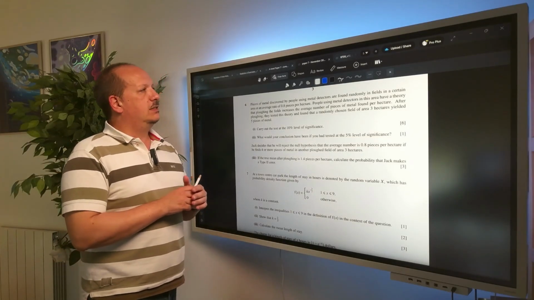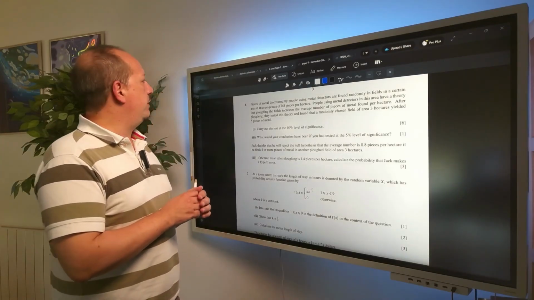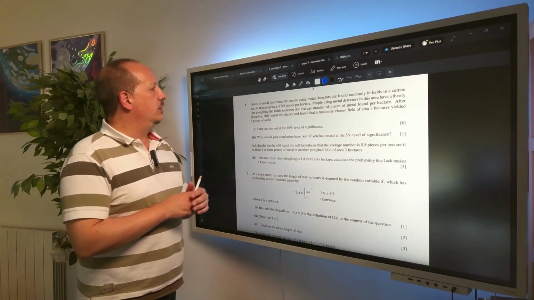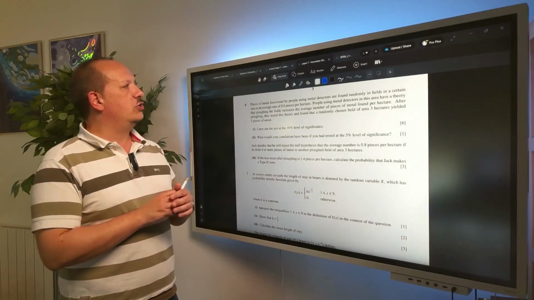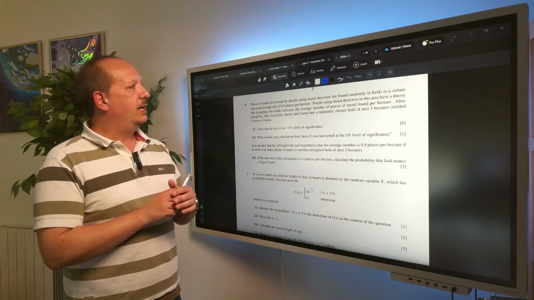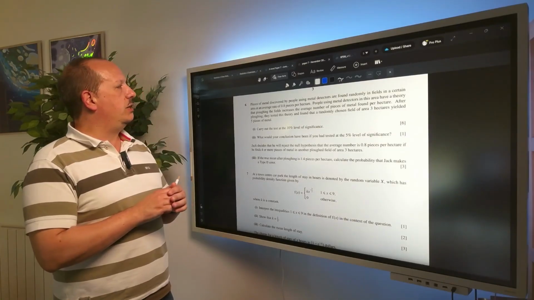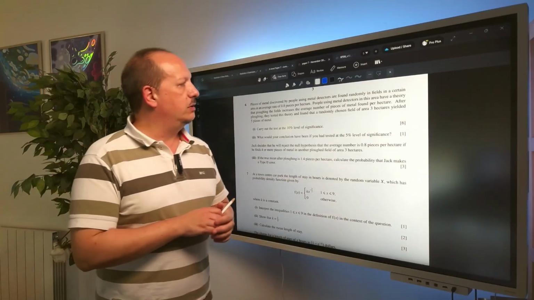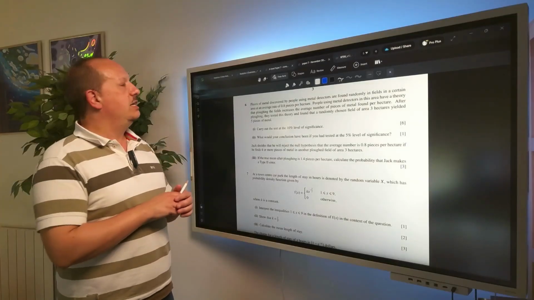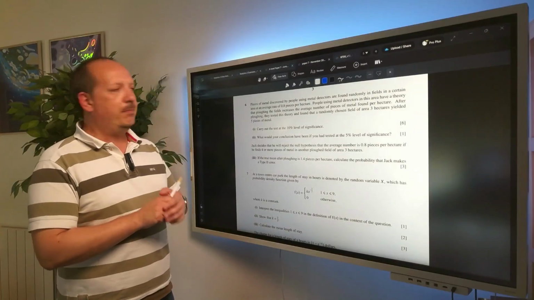People using metal detectors in this area have a theory that plowing the fields increases the average number of pieces of metal found per hectare. After plowing, they tested this theory and found that a randomly chosen field of area 3 hectares yielded 5 pieces of metal.